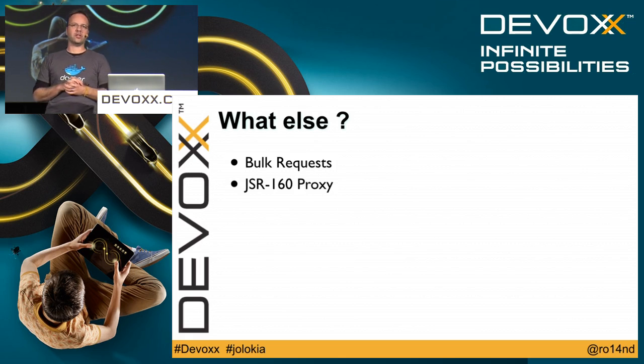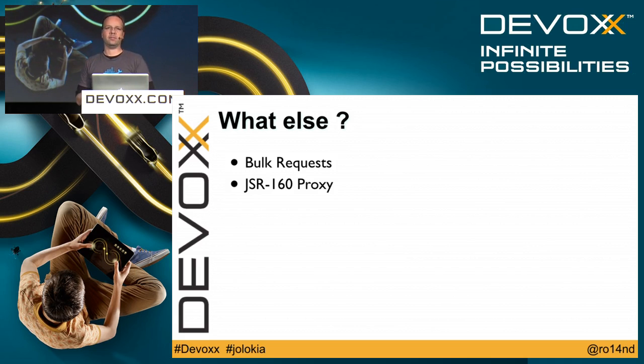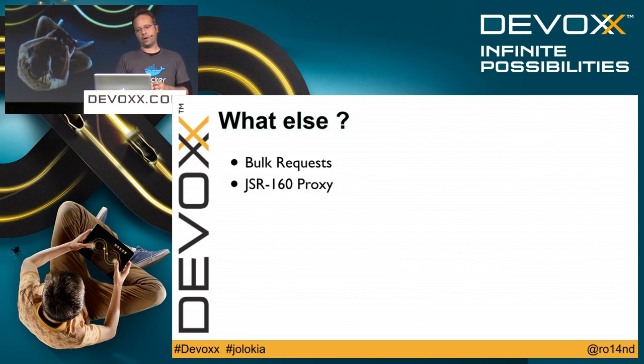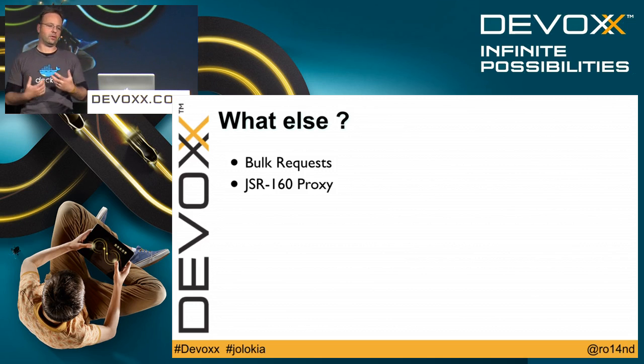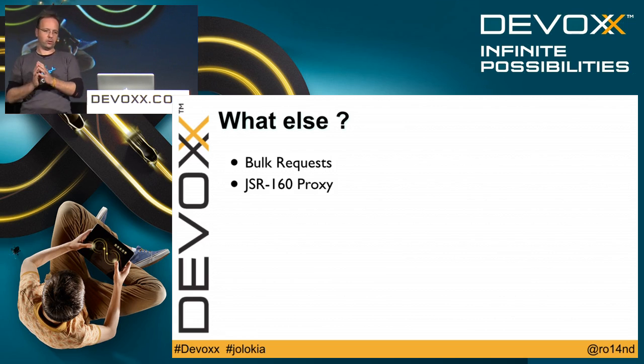Another thing is the so-called JSR-160 proxy. This is useful in situations where you cannot install an agent. The agent is a piece of software, and sometimes there are mostly political reasons why you can't install some extra software on the holy JEE server. Or another reason might be that you have already prepared everything for JSR-160 and you don't want to add an extra path. So this JSR-160 proxy is a dedicated Tomcat or Jetty, a very slim servlet which you can choose on your own.